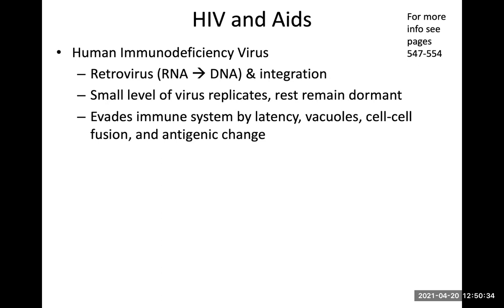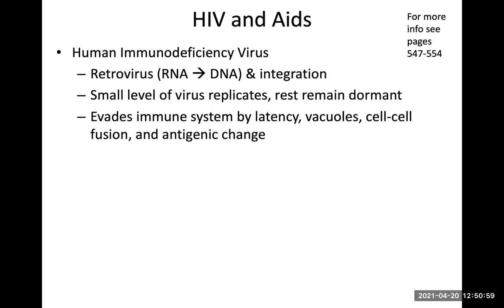So in brief, remember, HIV stands for human immunodeficiency virus. It is a retrovirus. It starts out with RNA. It uses a special enzyme called reverse transcriptase to go from RNA to DNA. And then it uses another special enzyme called integrase to insert that viral DNA into the genome of the host.